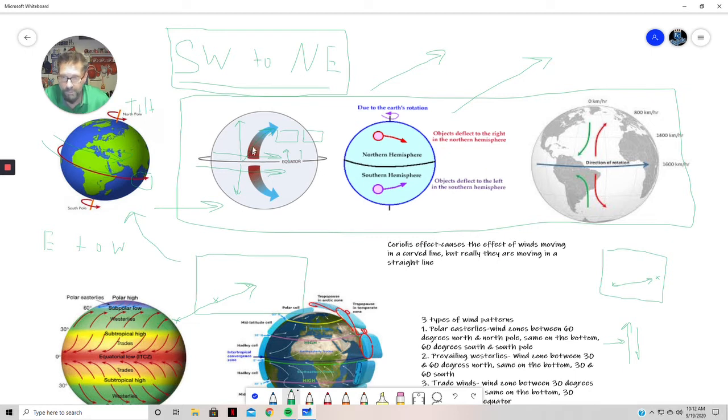And you can kind of see that right here, the Coriolis effect. These aren't great because they just show the direction that the air moves. As it's moving up, it begins to move this direction. It certainly doesn't turn 90 degrees and start going that way. No, it's just a slanted line.